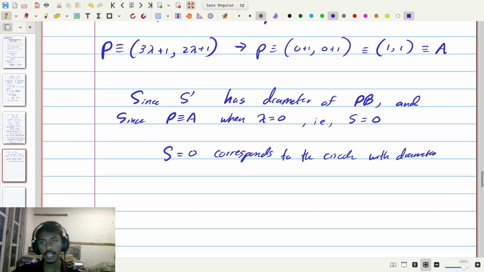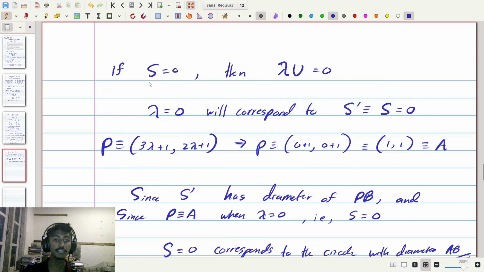P is the same as A as we found here, then since P is the same thing as A when lambda is equal to 0, i.e. s equals 0, then s equals 0 must correspond to the circle with the diameter where instead of PB, we have P the same thing as A, and therefore the diameter is AB. So we can say the circle s equals 0 must correspond to the circle with the diameter of AB. And with that, we can conclude this part of the question.